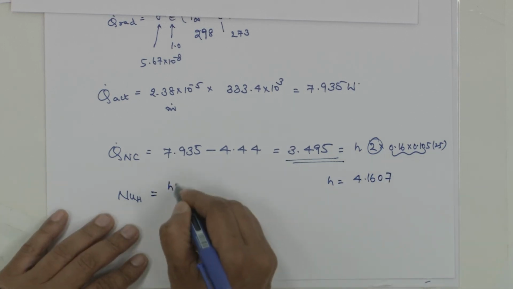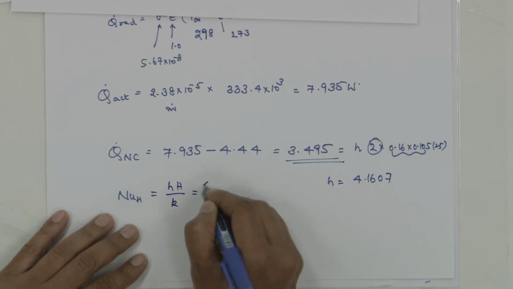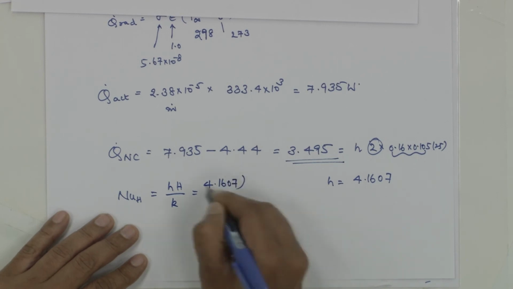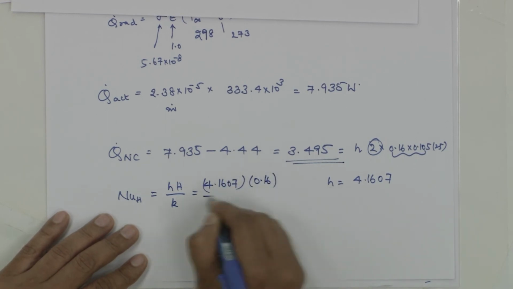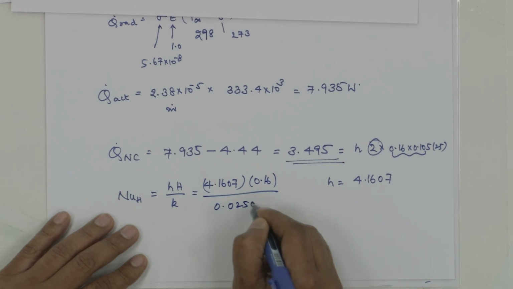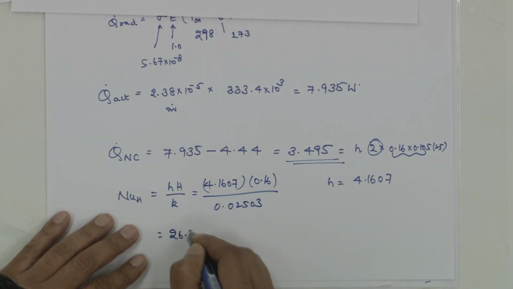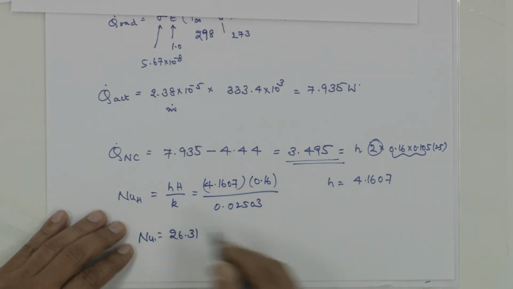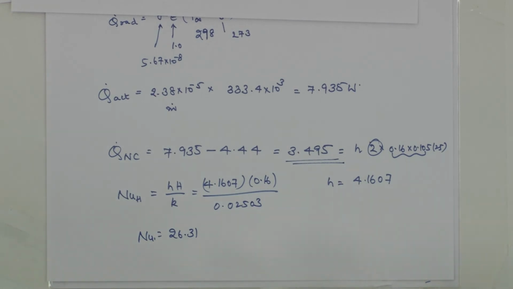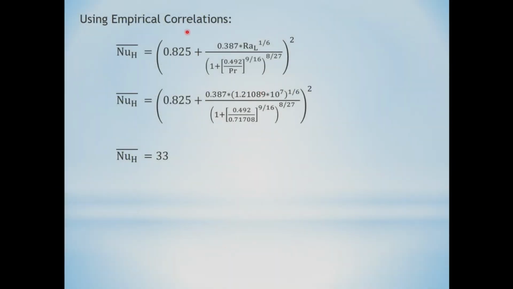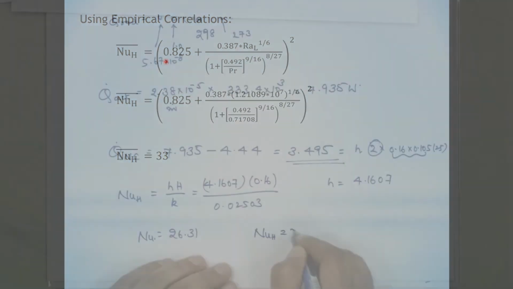Nusselt number is h H by K, so you get 4.1607 into 0.16 upon 0.02503, you get 26.31. But if you see the empirical correlation for Nu H, you get a Nusselt number of 33.